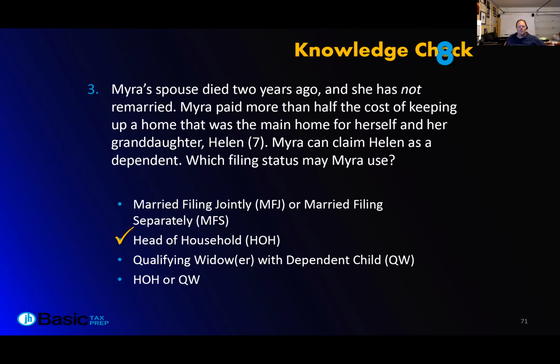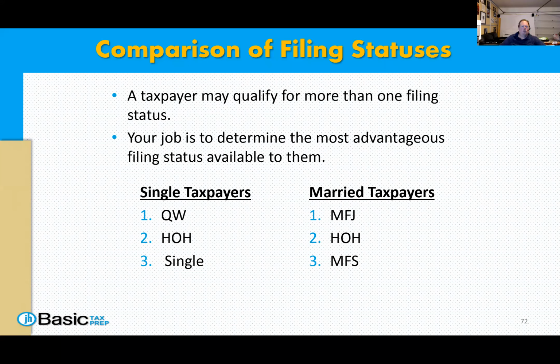All right. So a taxpayer may qualify for more than one filing status. Your job is to determine the most advantageous filing status available to him. So you want to figure out what is the best way to do it. There's kind of a pecking order. If it's a single taxpayer, qualifying widow, if they can qualify as a qualifying widow, that is by far the best.